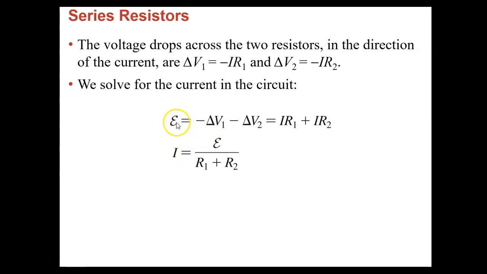We know that the EMF equals the sum of the potential differences across each of the two, which is the current times resistance 1 plus the current times resistance 2. The current is the same, so we can say the current is the EMF divided by the sum of the resistances of those two, because they are in series in the circuit.